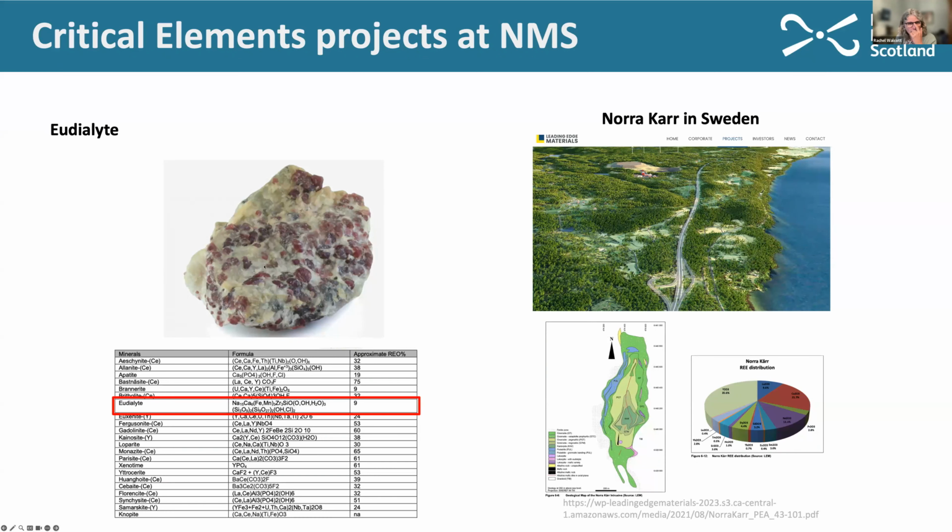I was involved with, the National Museum of Scotland was involved with a project in Sweden looking at eudialyte and some mines there that were specializing in heavy rare earths. But again, it's this igneous body, and the processing is not very environmentally good, and the project sort of fell through.